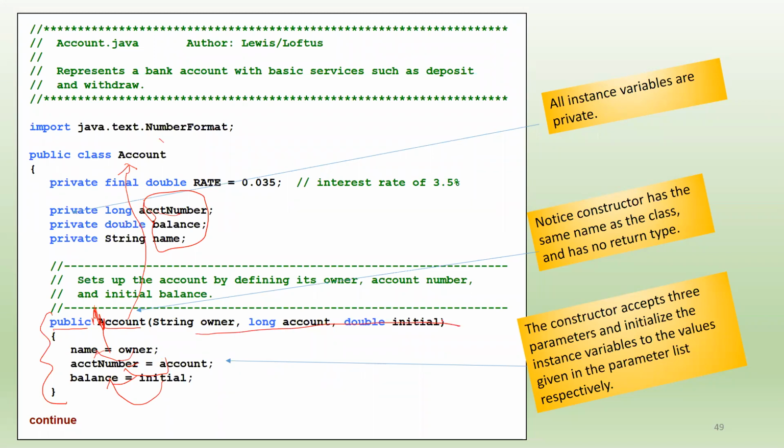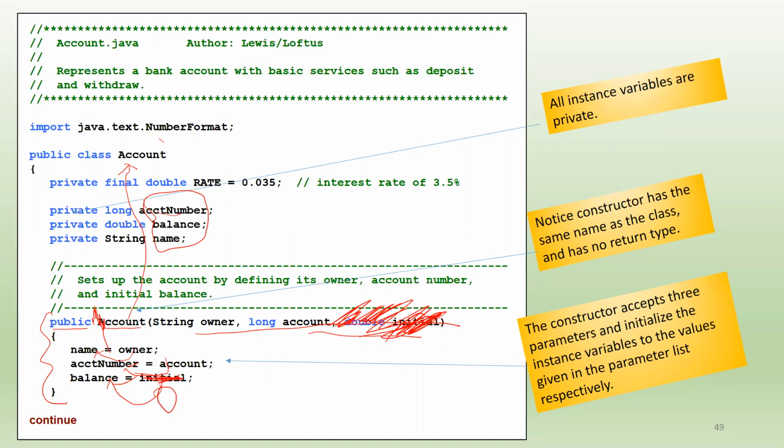If it doesn't give you a value here, if this public account accepts 2 parameters, you still have to initialize balance to a value 0.